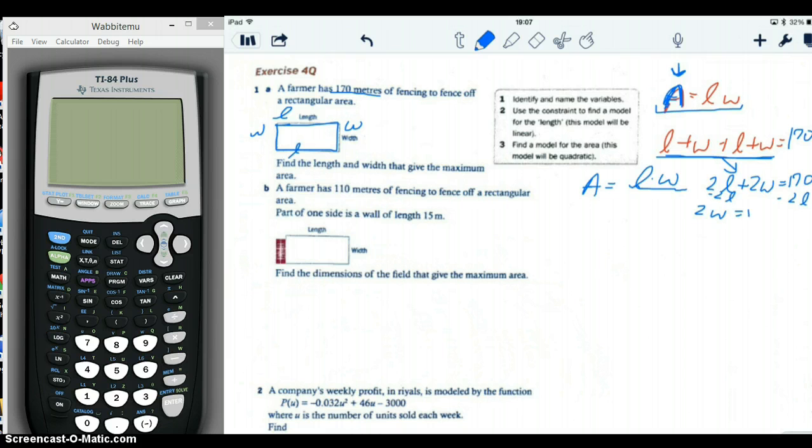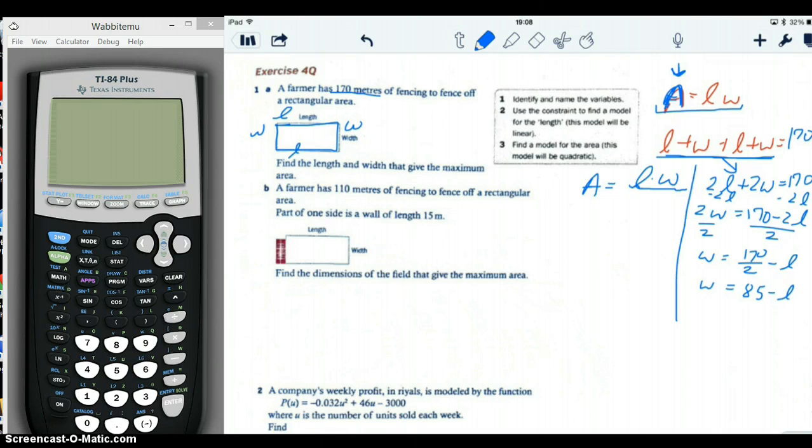And so we're going to get 2W equals 170 minus 2L. And then we're going to divide both sides by 2 so that we get W all by itself. W equals 170 divided by 2 minus L. 170 divided by 2 is 85. So W equals 85 minus L.